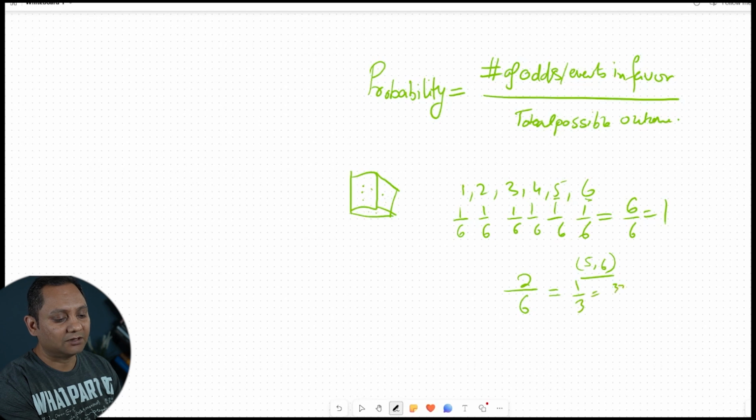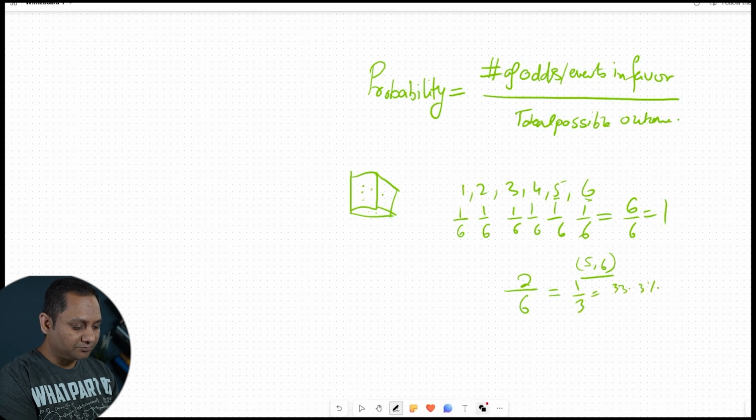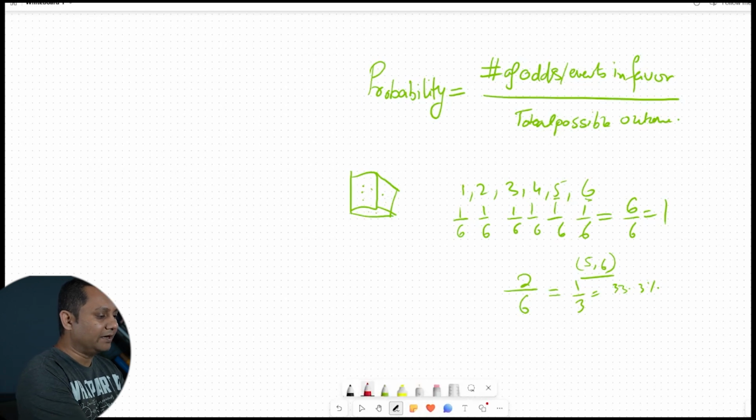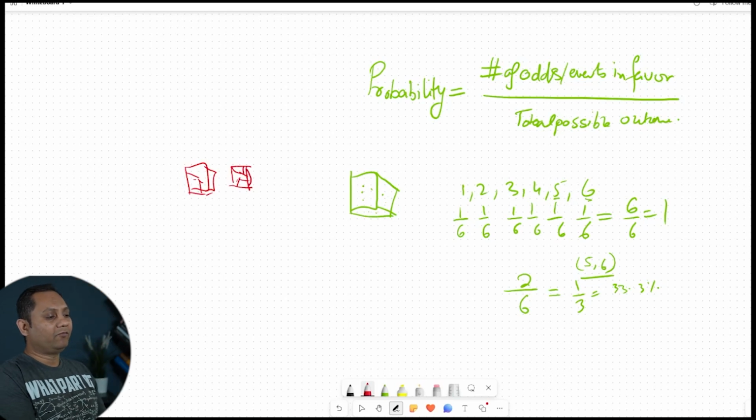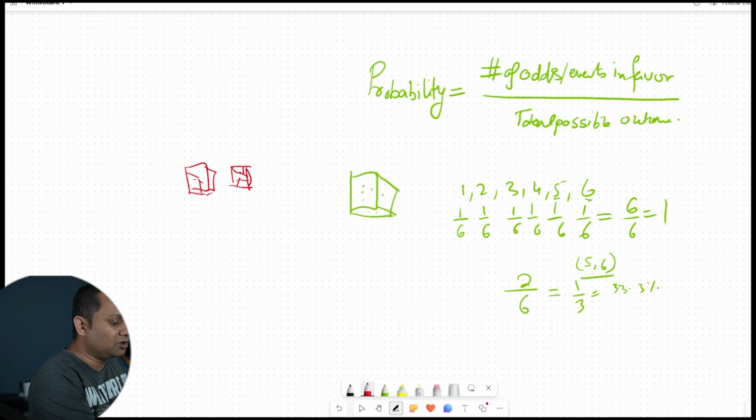33.3% chance, right? Now, let's make it a little complicated. Now, if I roll 2 dice, suppose there are 2 dice, then first let's find what's the total possible outcome.